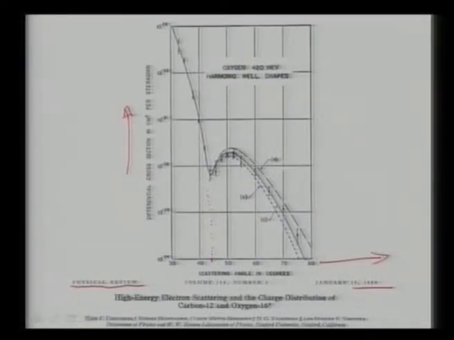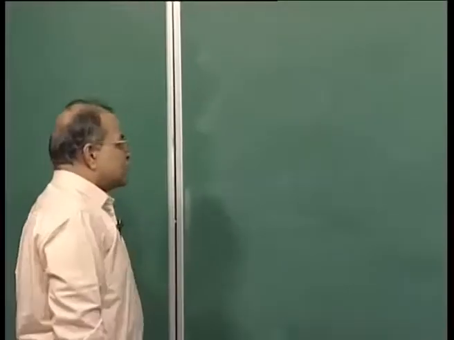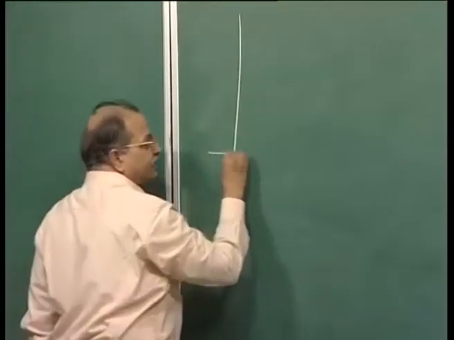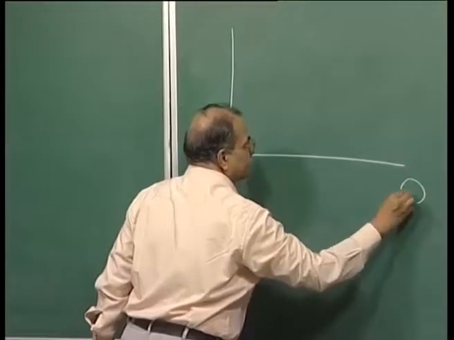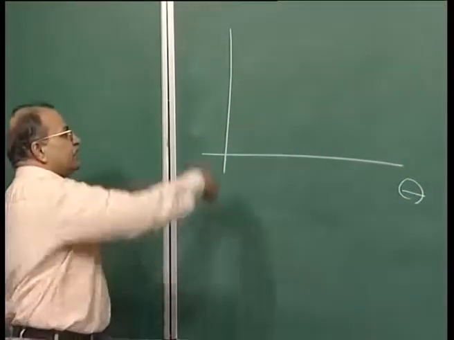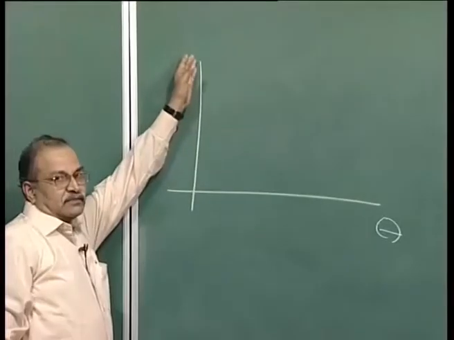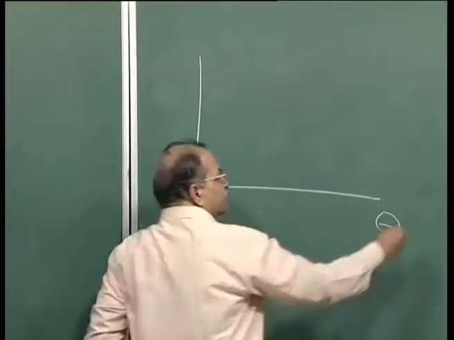So, keep this picture in mind, and then we will discuss the implications. So, qualitatively, how does the picture look? You have this y axis, x axis, the angle theta here, and on this side it is the number of electrons which are found at that particular theta.